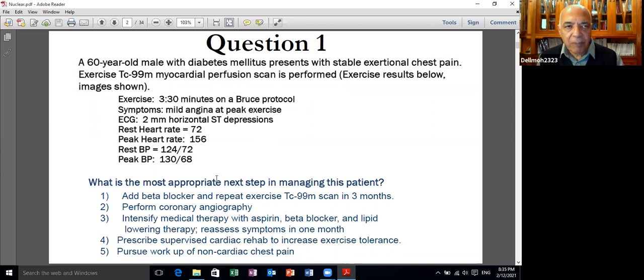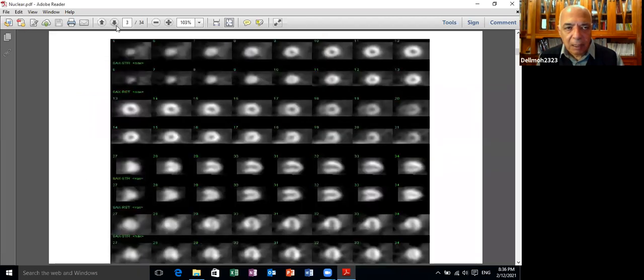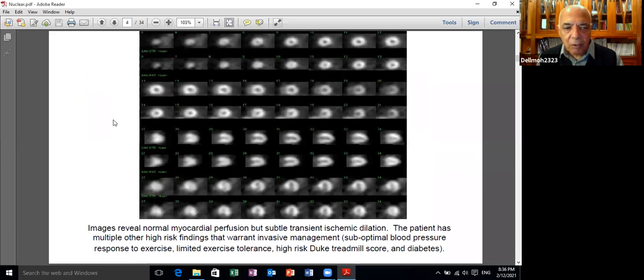So this is an example of how we think in interpreting. So we can read this. Image reveals normal myocardial perfusion, but subtle transient ischemic dilatation. The patient has multiple other high-risk findings that warrant invasive management: suboptimal blood pressure response, limited exercise tolerance.